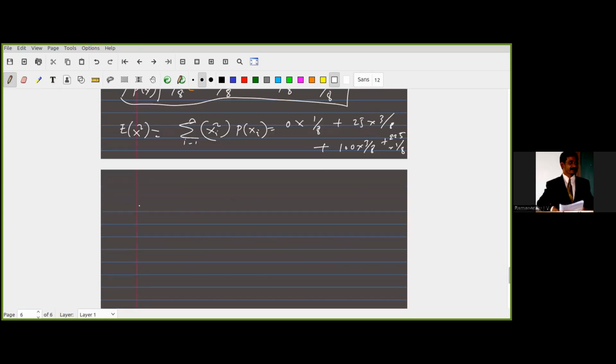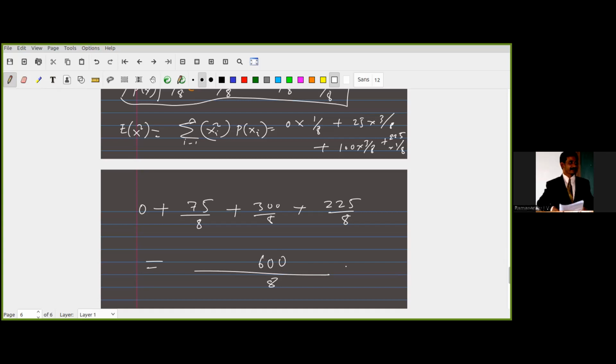Which will be 0 plus 75 by 8 plus 300 by 8 plus 225 by 8, which turns out to be 375 plus 225, 300, 600 by 8, right?